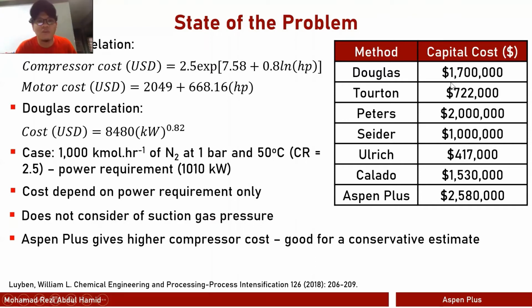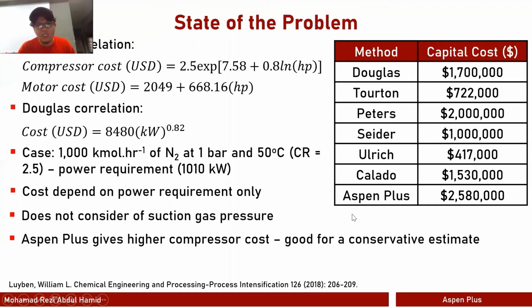So obviously, if we use all of these correlations, you don't have to know about other operating conditions such as feed gas and type of gas and things like that. And this equation also, according to the author, does not consider the suction gas pressure.